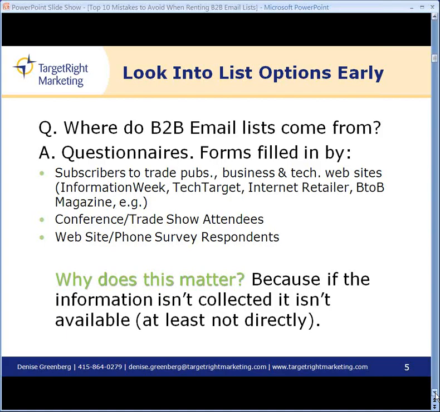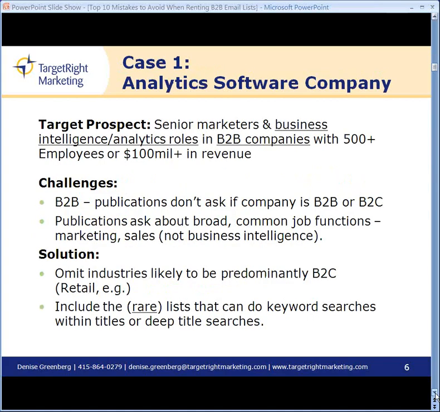Essentially, B2B email lists come from questionnaires, forms filled in by subscribers to trade publications or business and technical websites, for example, Information Week, Tech Target, Internet Retailer, B2B Magazine, etc. Also, conference and trade show attendees, and website and telephone survey respondents. So why does this matter? It matters because if the information isn't collected, it isn't available, at least not directly.